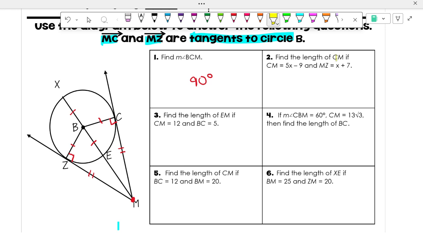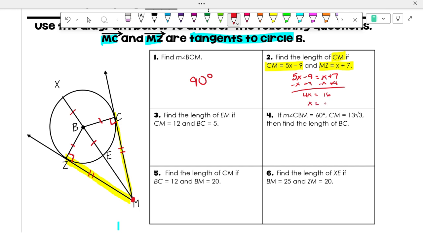Now, number 2, we're going to find the length of CM if CM is equal to 5x minus 9 and MC is equal to x plus 7. Well, what's true about those two segments? CM and MC, they're congruent. So how do I set up my equation? Set them equal to each other. So subtract the x from both sides, add the 9 to both sides. So I get 4x is equal to 16.